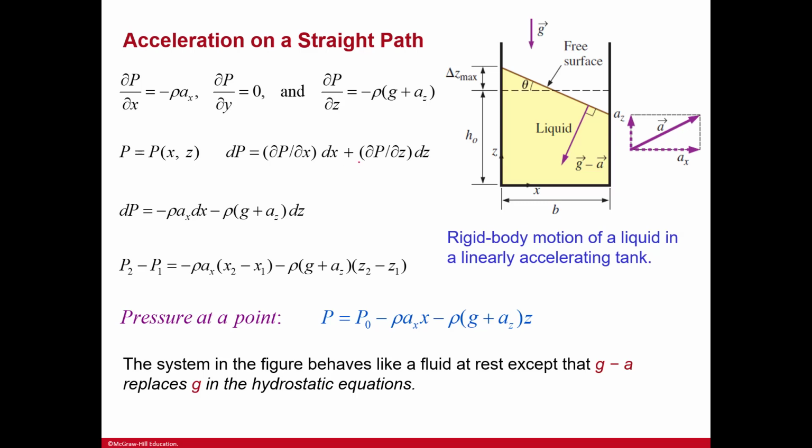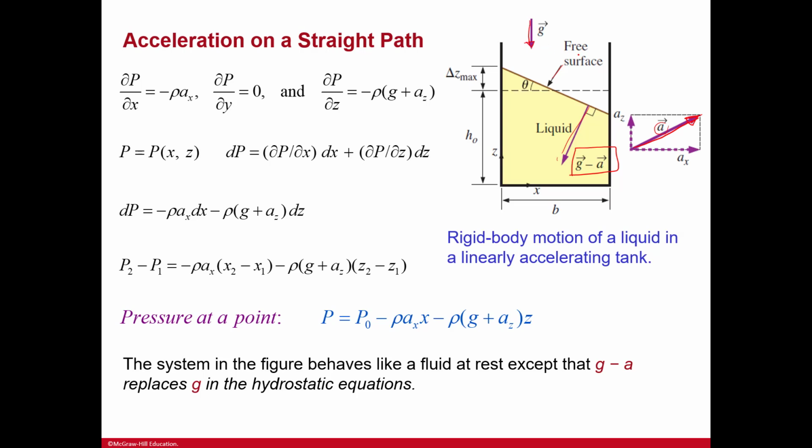Here you can see the free surface in the liquid. The system in the figure behaves like a fluid at rest, except that G less A replaces G in the hydrostatic equation. And you can see that here, and you can see where this changes.